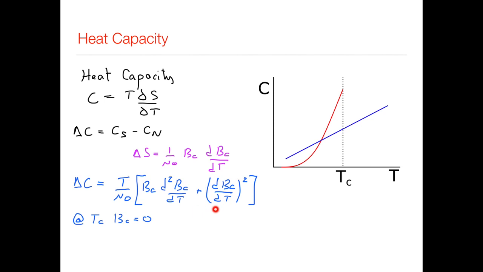This term is finite, and so what that means is that delta C at the transition temperature is greater than 0. So in other words, this is what we see here, this is the normal state, and this is the superconducting state.